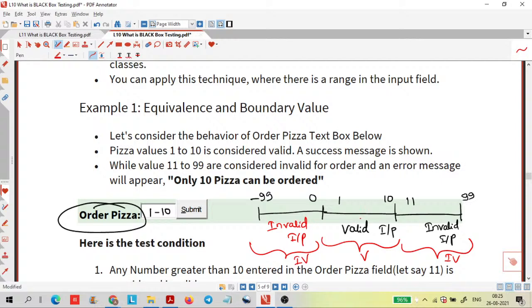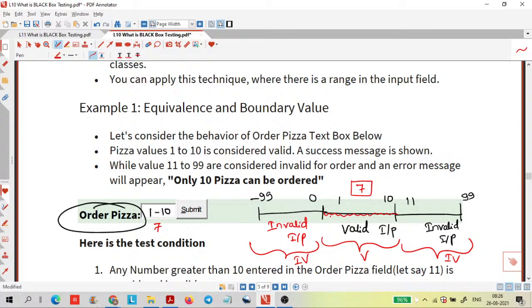So here, if I take any input from this particular class, suppose I take 7 as the input and submit, then it is successful. The order for the pizza is successful. It means it is applicable to this complete class.